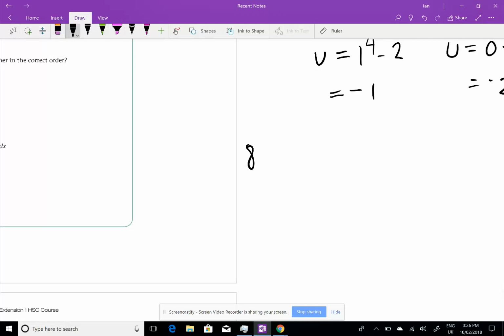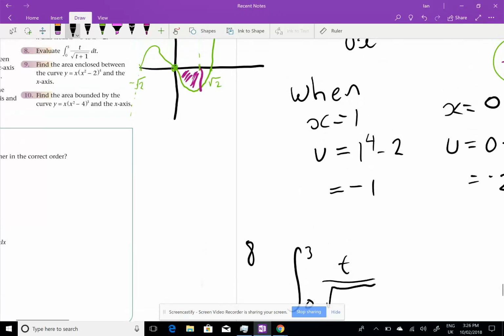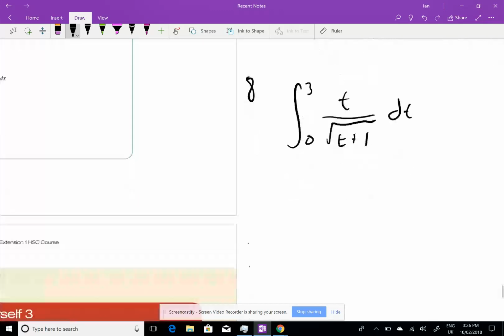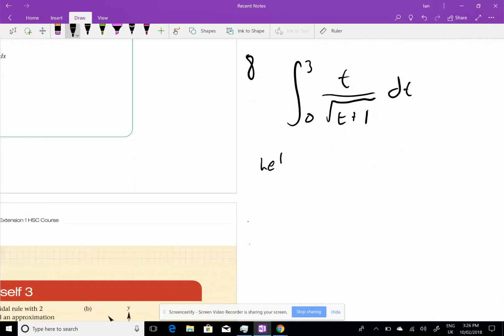Question 8. And we got the integral from 0 to 3 of t on, well, it's not the same because it's not t squared plus 1, it's just t plus 1, dt. Let's let u equal t plus 1, therefore du dt equals 1, therefore du equals dt.